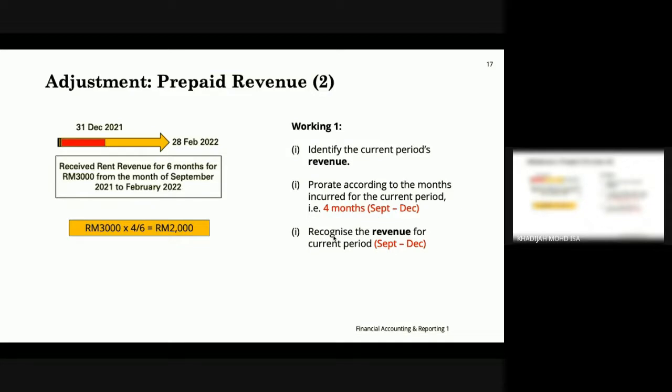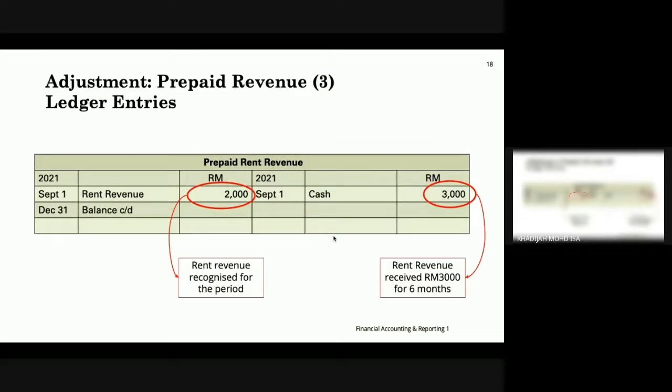Similarly, you identify the current period, which is only for 4 months, which is September, October, November, December. There are only 4 months here. So the balance 2 months is for the following or the future accounting period. So identify the current period's revenue, and then you prorate accordingly, and then you recognize the revenue for the current period.